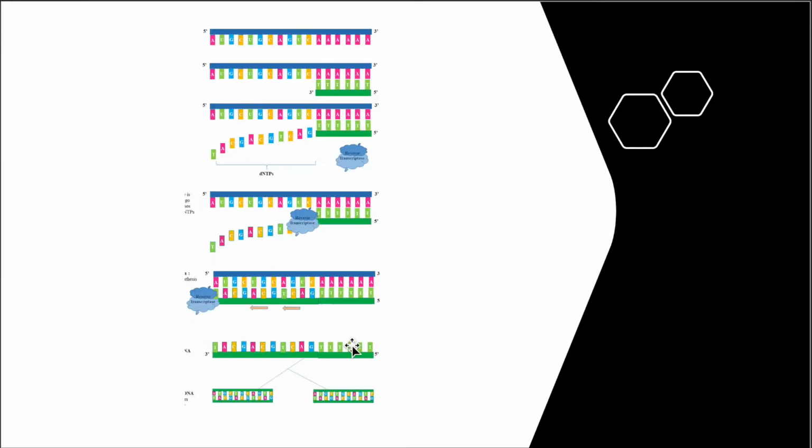When this is done, you have now your single-stranded complementary DNA, and then this will become a double-stranded DNA, and it's ready for the amplification steps that we follow in the initial PCR. So that is the basic principle of this RT-PCR.